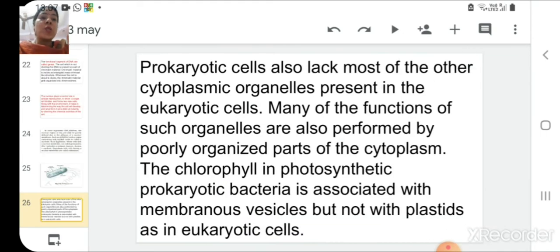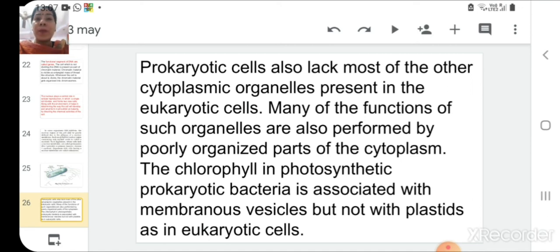Prokaryotic cells also lack most of the other cytoplasmic organelles which are generally present in eukaryotic cells. For example, when you will study about the eukaryotic cell, you will see that Golgi complex is present in them, endoplasmic reticulum is present, lysosome is present, and so many membrane-bound organelles are present in eukaryotic cells.